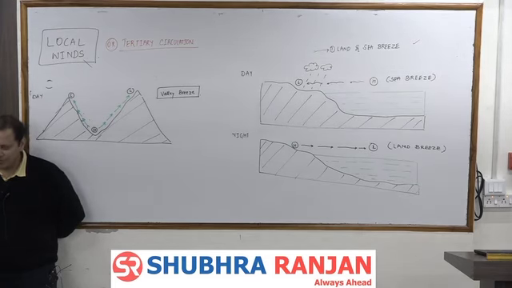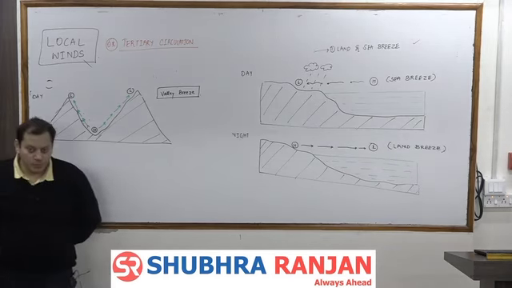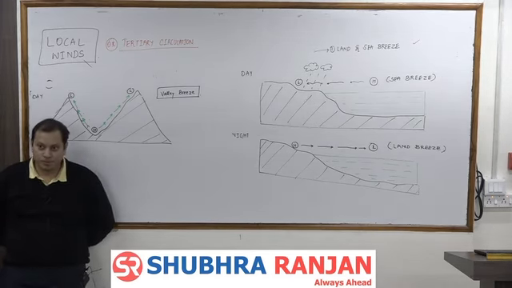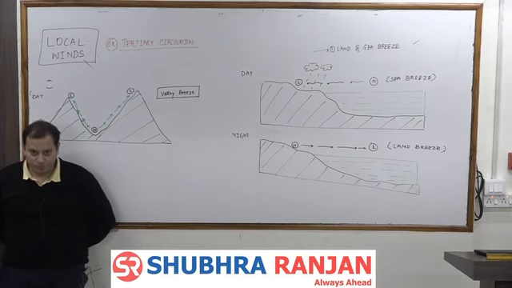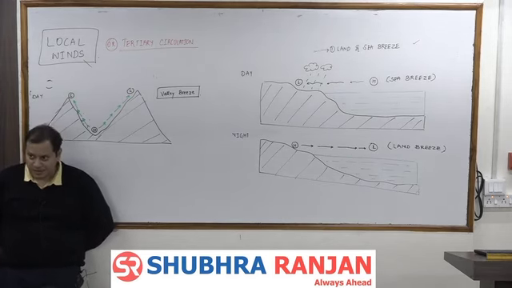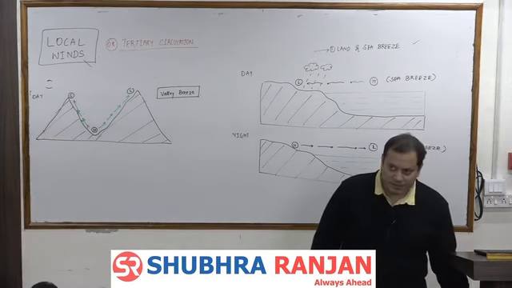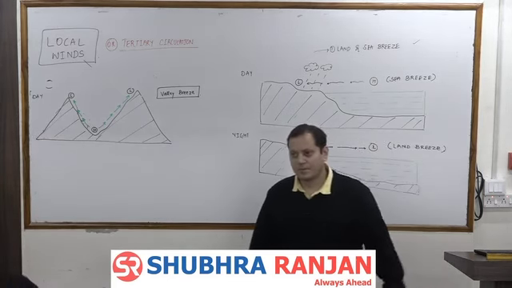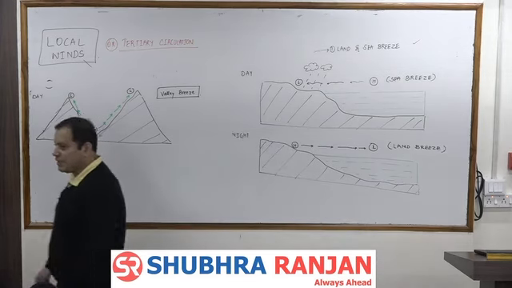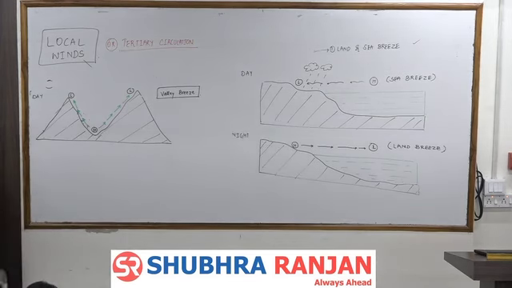Therefore, wind blows upslope as valley breeze. Example, common in the Western Ghats.